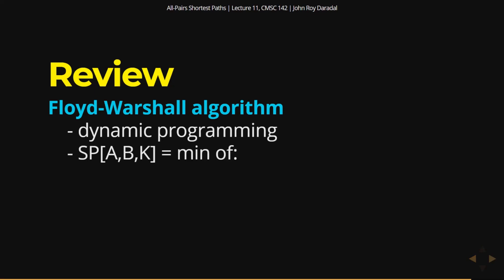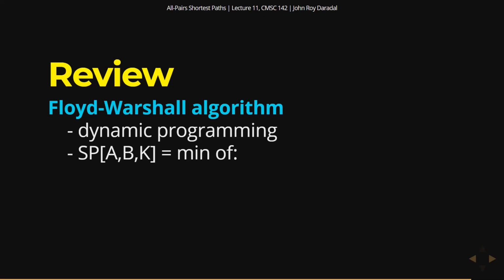And so to review, in this video, we discussed two algorithms for APSP. The first one was Floyd-Warshall, which was a dynamic programming algorithm. We expressed the shortest path problem from A to B in terms of smaller subproblems SP(A,B,k), which means that you're only restricting the internal nodes from 1 up to k, assuming that you labeled them arbitrarily.